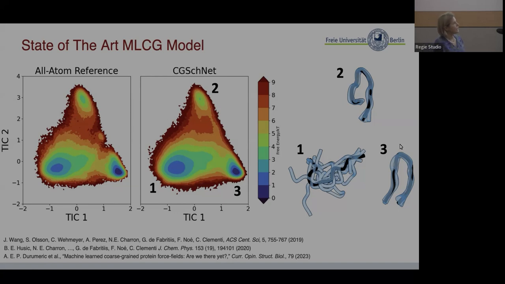If we do the simulation with our CG model, it takes less than 1 day, and we get a very comparable free energy. Same three minima. I would say this is quantitative. It's within 1 kilocalorie per mole from the reference.